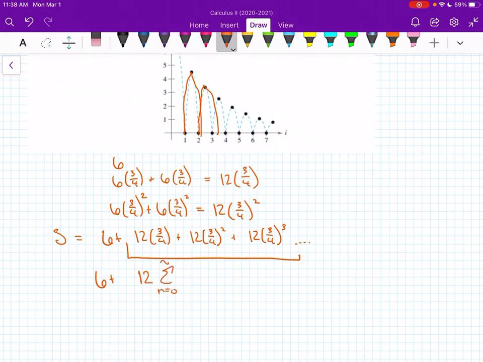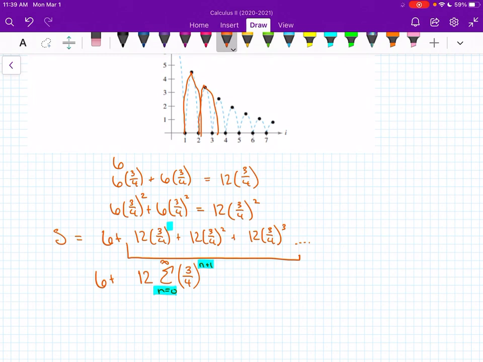And if I start at n equals 0 to infinity, now because I took the 12 out, the a value is 1, so I have 3/4. And then I want to do n plus 1 here to make sure that my first exponent matches, right? Because we want my first exponent to be 1, so I need to add that 1 so that it matches when n equals 0.